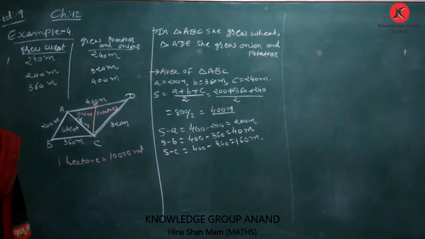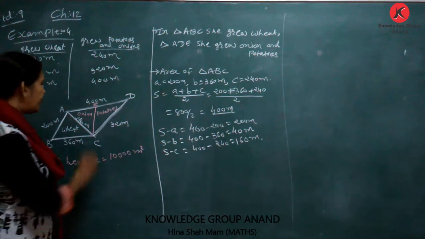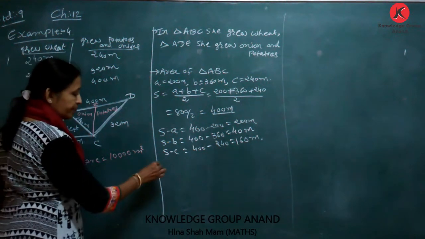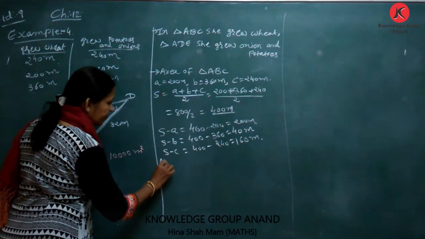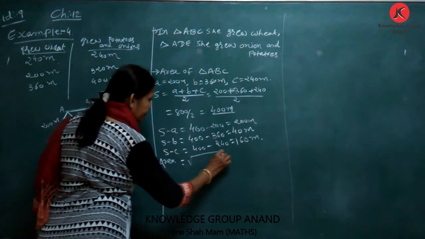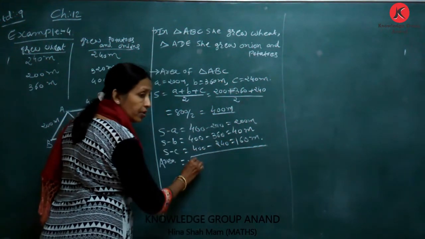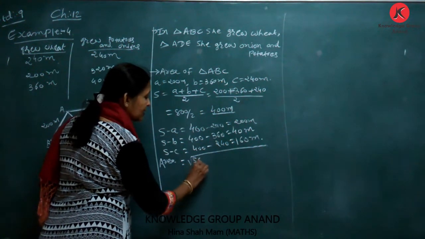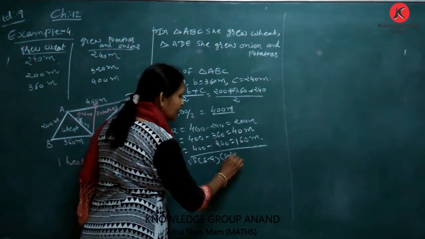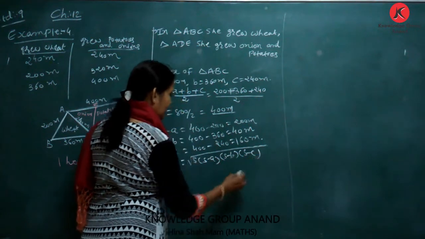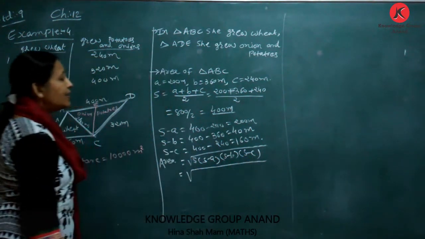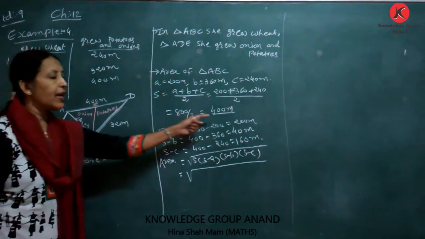Now we use Heron's formula for triangle ABC. Area is equal to under root s into s minus a into s minus b into s minus c. What is the value of s?